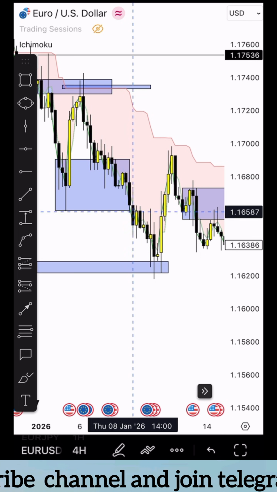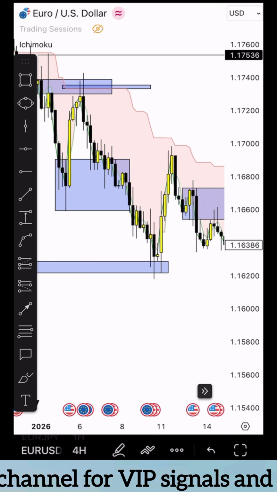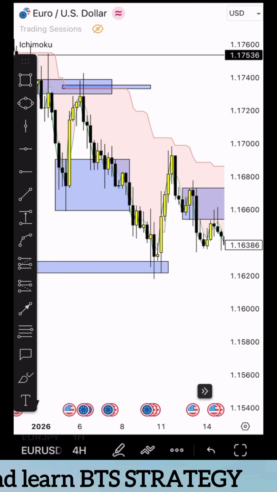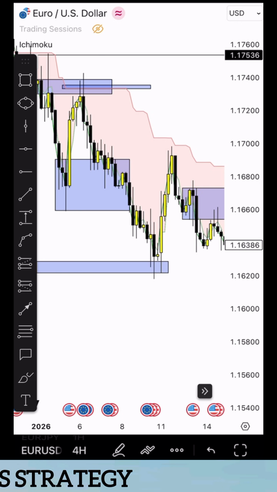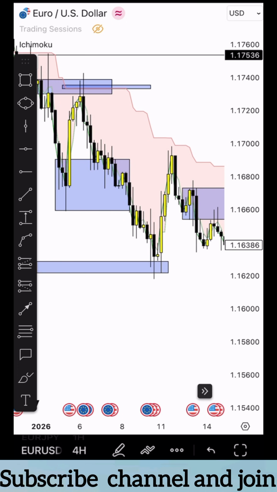So I hope this makes sense. This works in every pair. It doesn't matter whether it's crypto, currency, or a stock. You just need to understand, as far as there is a candlestick, this will work. But obviously understand the volume as well.